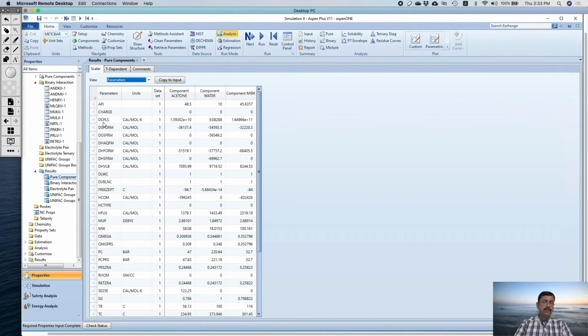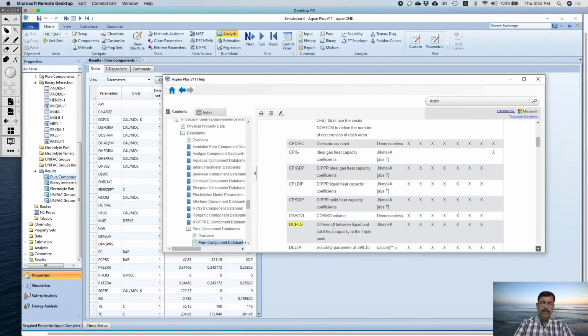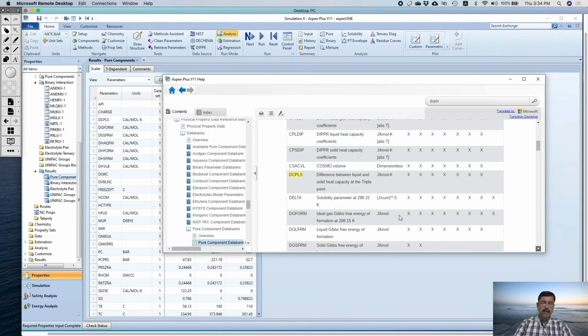Here you will have DCPLS. Again, you can look for the value what is DCPLS. It is difference between liquid and solid heat capacity at the triple point. DGFORM, it is ideal gas Gibbs free energy of formation at 298.15 Kelvin.